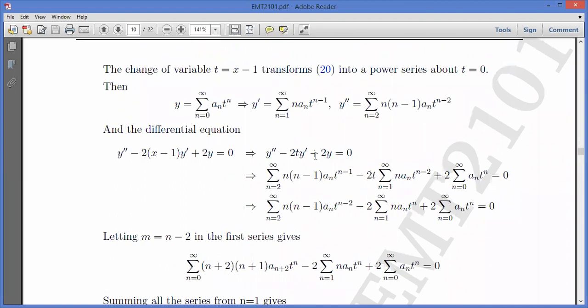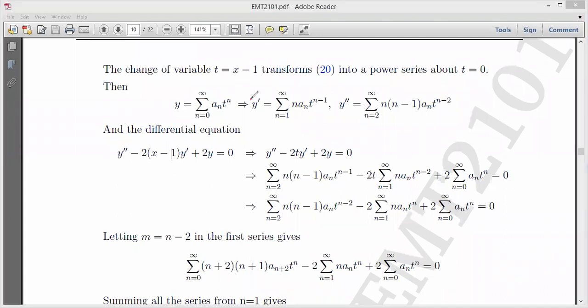Where is y prime? Okay. Oh, okay. I've seen the mistake. Guys, check this out. Actually, it is correct. Y prime is here. Y prime is n minus 1. Look at the power there. The power here is t to the n minus 1. If you look at that very well, that is where the source of the problem is.